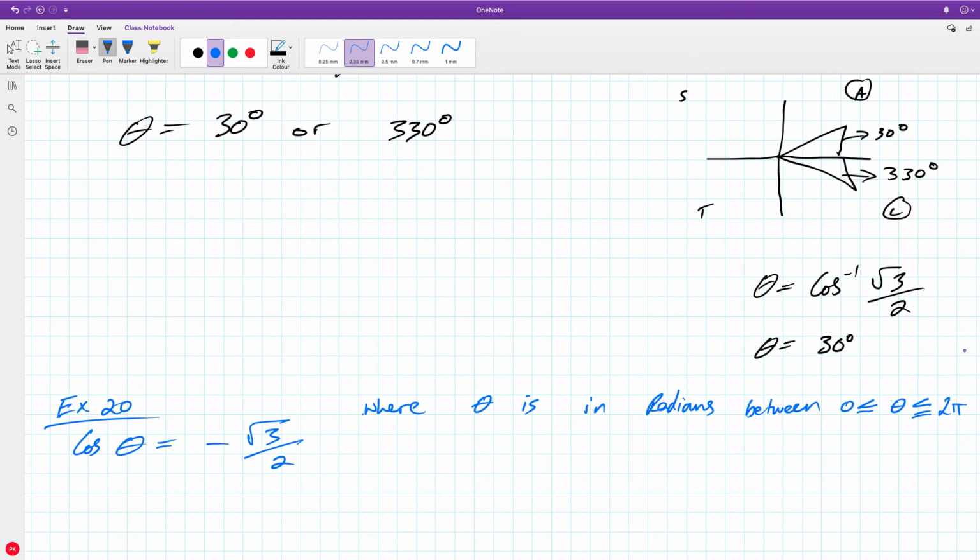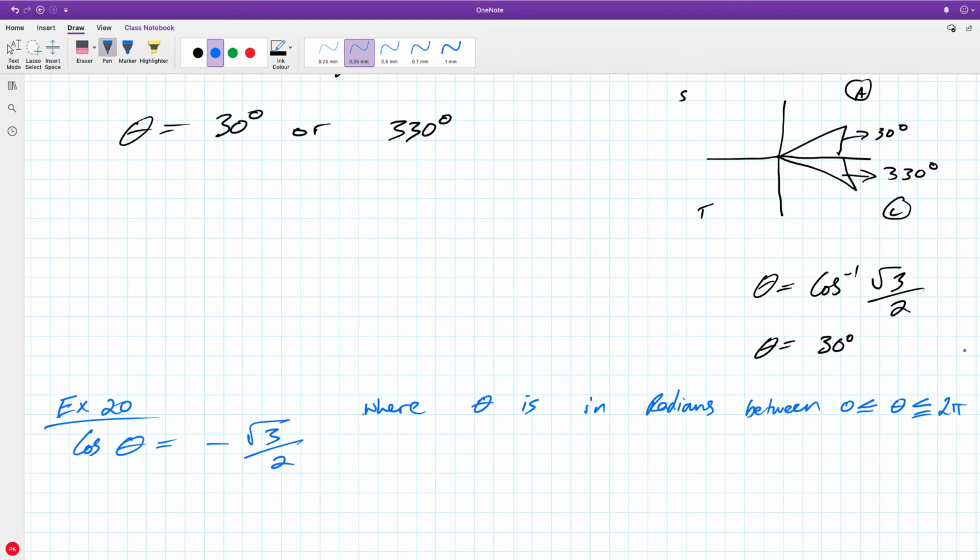Remember now, it's a negative limit. So now our cos is positive, our cos is negative. Very important.